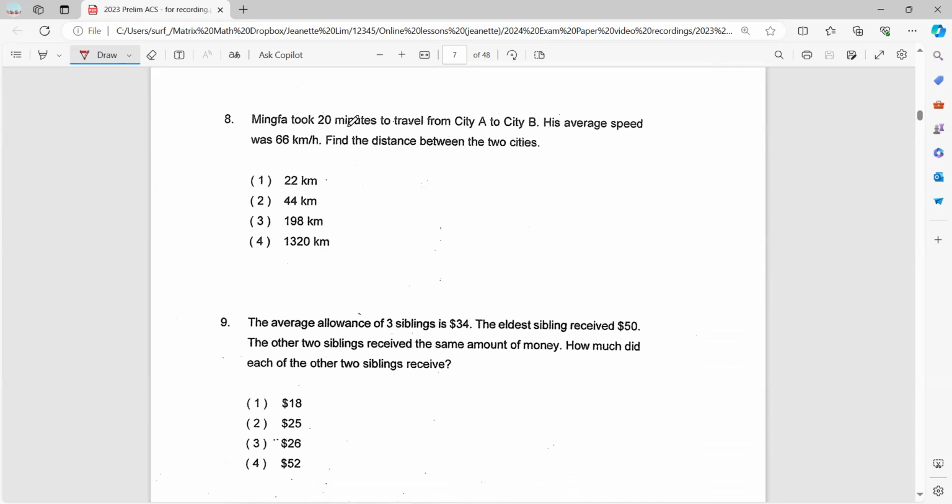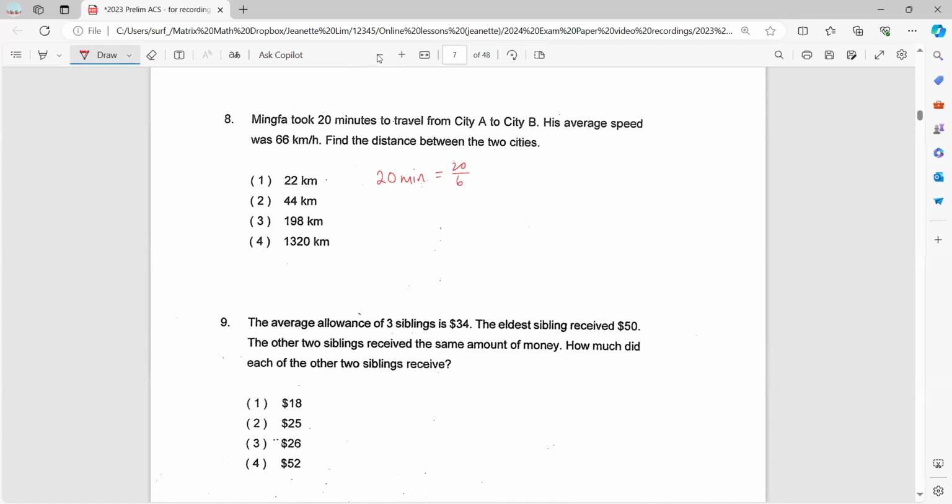Question 8. Mingfa took 20 minutes to travel from city A to city B. His average speed was 66 km per hour. So find the distance between the two cities. Okay, so distance between the two cities will be speed times time, right? But the speed is in km per hour, so your time has to be in hours. 20 minutes, let's convert to hours.